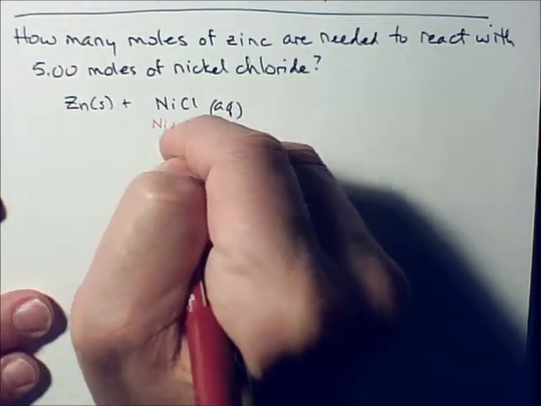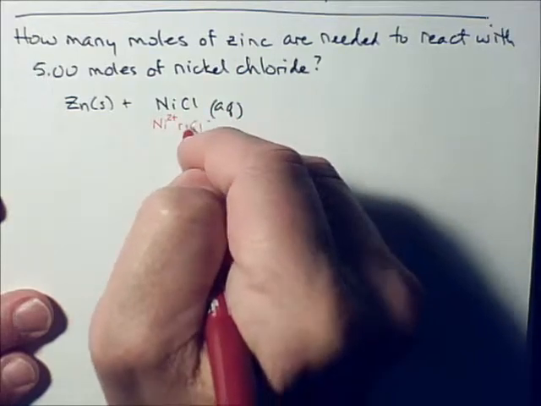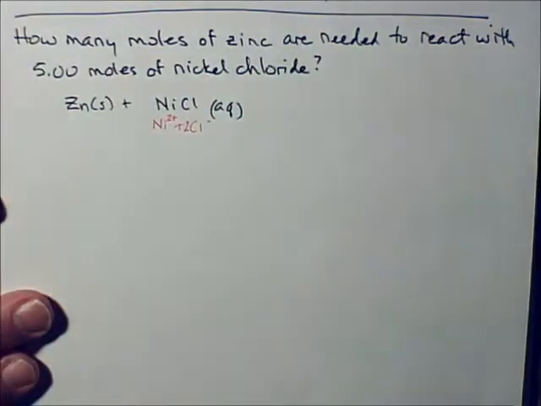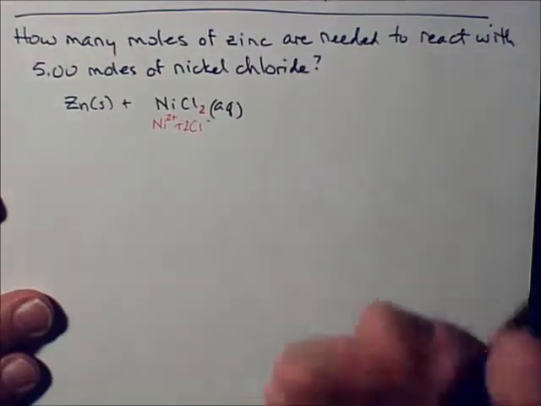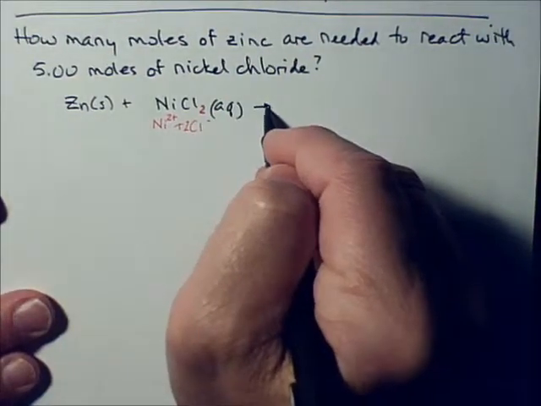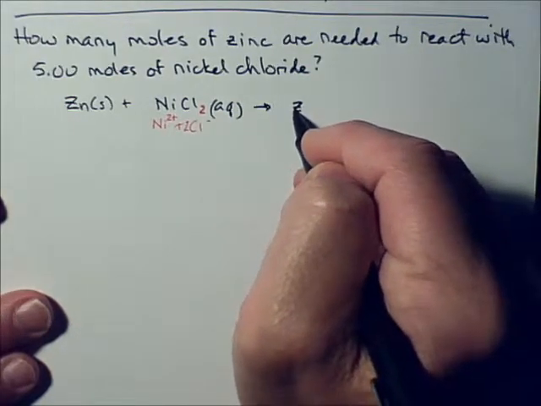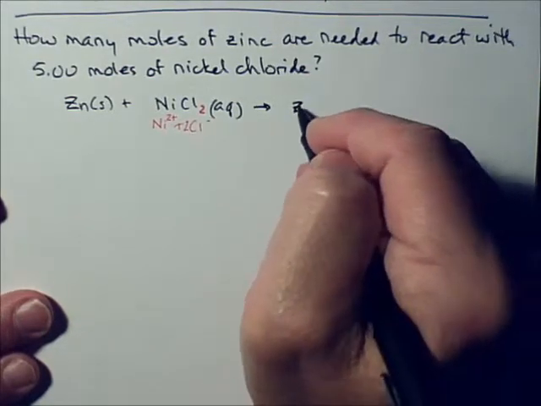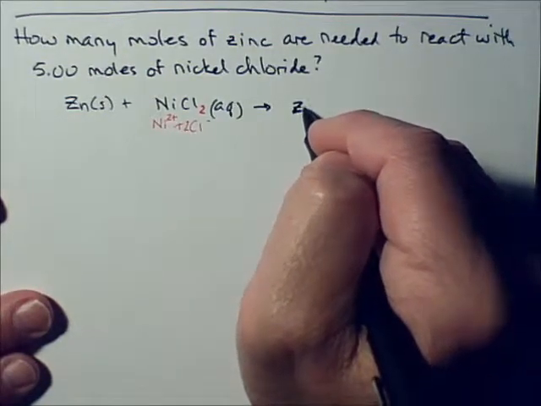Nickel has what kind of charge number? Oh, so I need 2 chlorines. So the formula has to have NiCl2. There is no N. Oh, that's true, you're right.